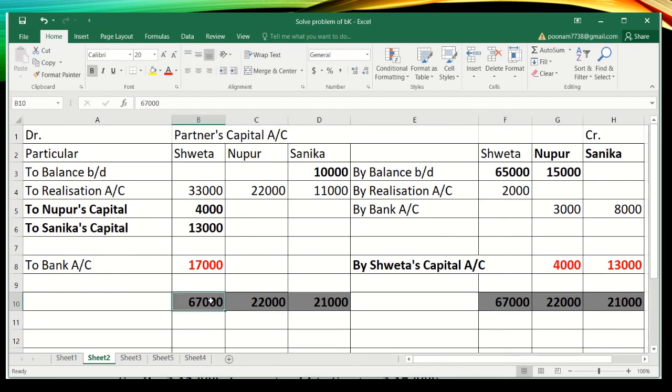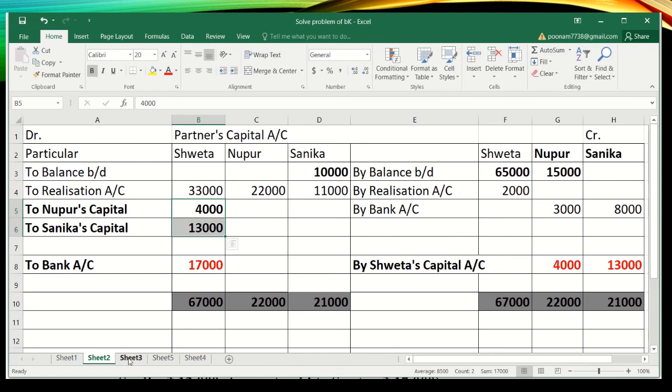So 67,000 is the higher total, which I have written on both sides. After deducting the 50,000, the closing balance of Shweta's capital is 17,000. So you can see from the partners' capital accounts only 17,000 will be transferred to the bank account. The closing balances of Nupur and Sanika are transferred to the solvent partner's account.